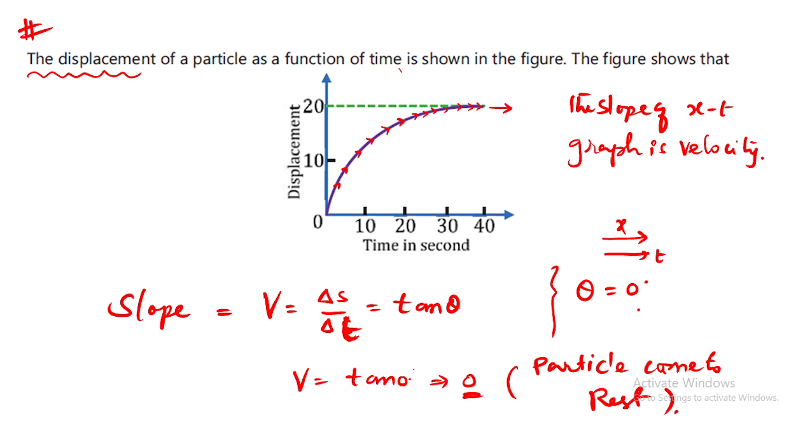And tan 0 is 0. So the body is coming to rest. Learn the graph here only, because in upcoming days you will not be taught by the graphs. Okay, so many quantities will vary like that.